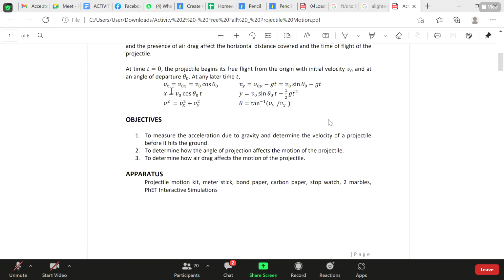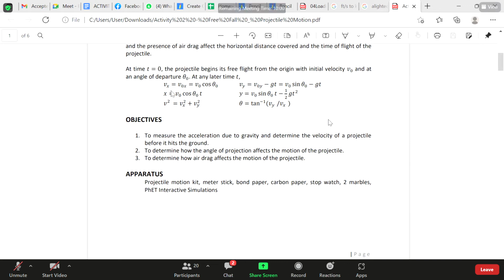So theta naught is 0, so you have the x component equal to the initial velocity v naught. And since it is projectile motion, the acceleration is along the vertical axis. Di ba, the acceleration is always pointing downward, so therefore wala acceleration along x.